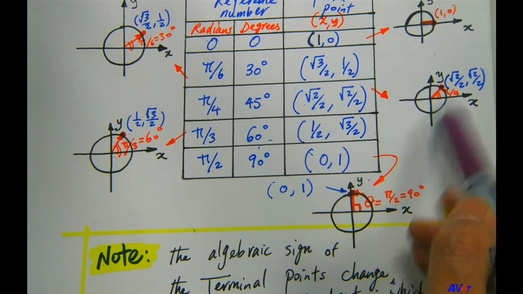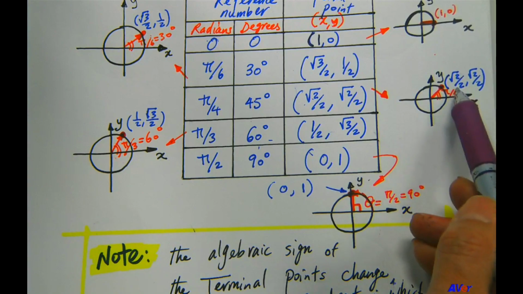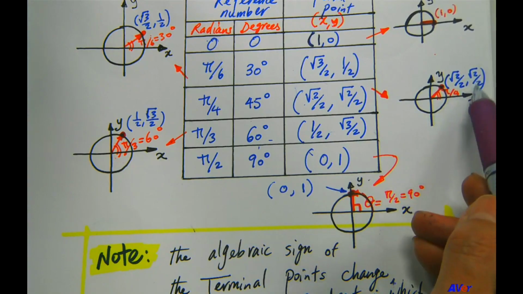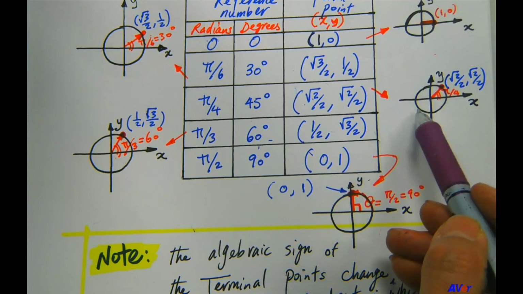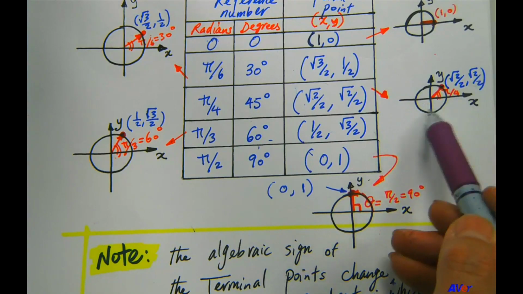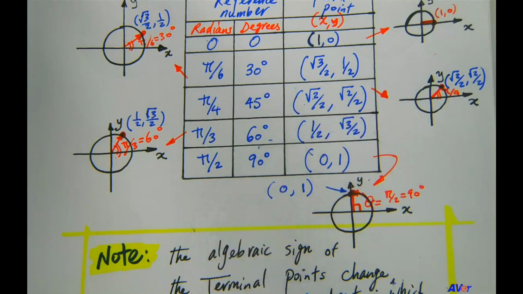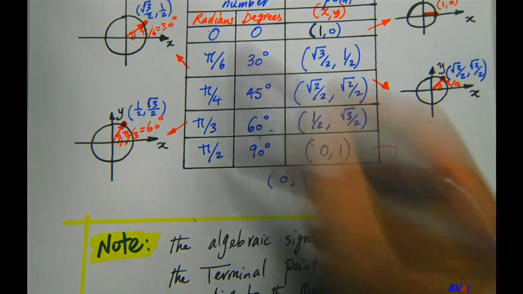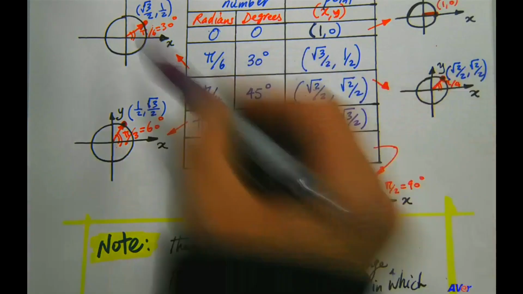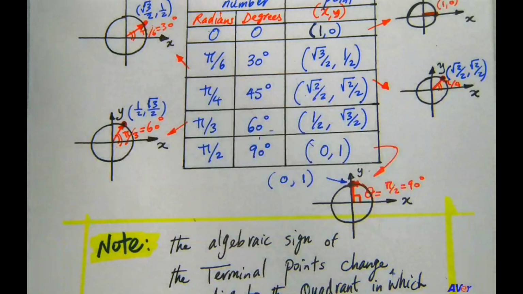In that case, instead of positive square root of 2 over 2, comma, positive square root of 2 over 2, you'd have negative square root of 2 over 2, comma, negative square root of 2 over 2. Okay? So just be mindful of the algebraic sign changes as these reference angles end up being in different quadrants.